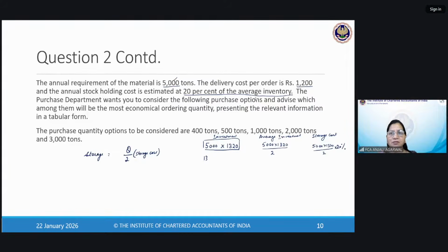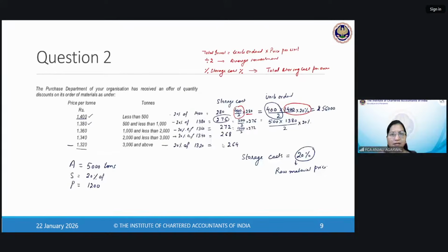It's given 20% of the average inventory. So either you can calculate 20% of all these prices and go ahead as usual. Else you can directly do that total units ordered multiplied by the price, total investment, divide by 2, average investment, and average investment multiplied by the storage cost percentage.